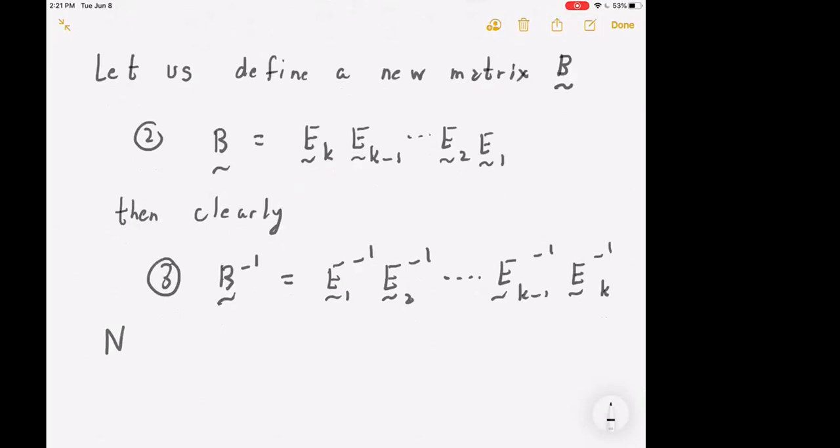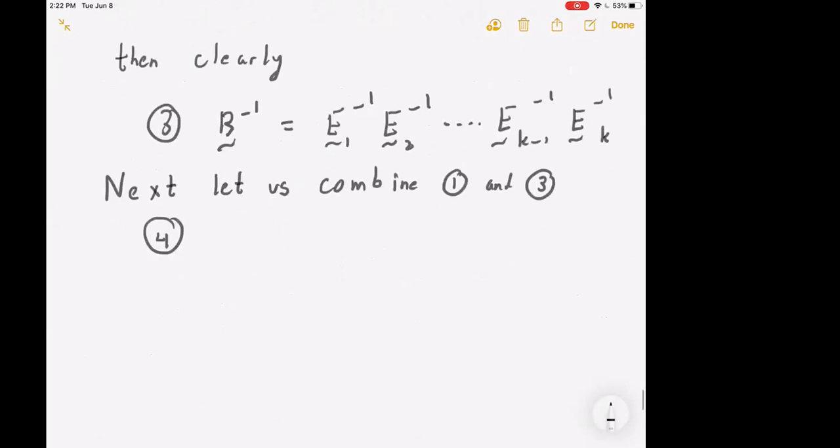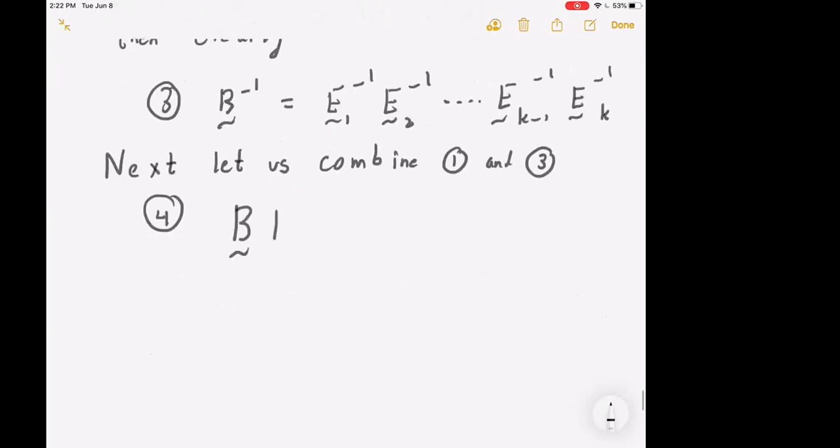Next, let us combine equations 1 and 3 to get a new equation 4. And that's simply going to be that the matrix B times the matrix A equals the identity matrix, where all these matrices are compatible for matrix multiplication.